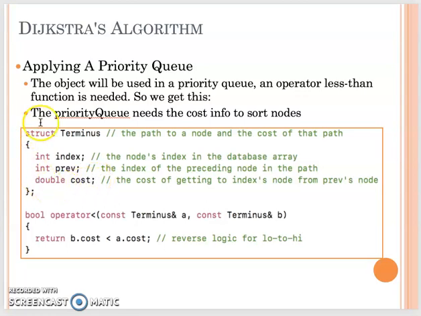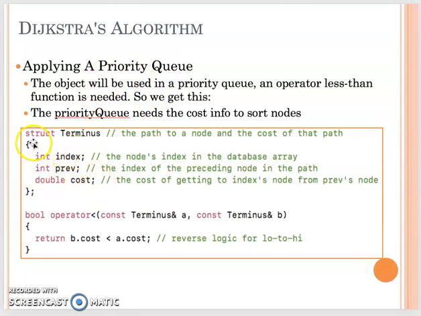After we have this terminus as the object for our priority queue, don't forget, here we don't use our own priority queue, we use the C++ STL library priority queue, where the bigger value has the higher priority.